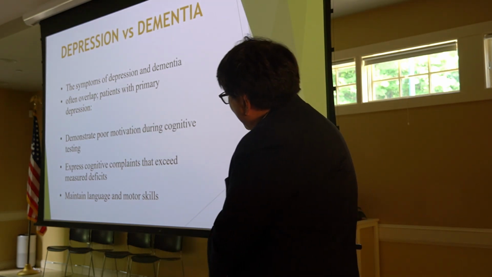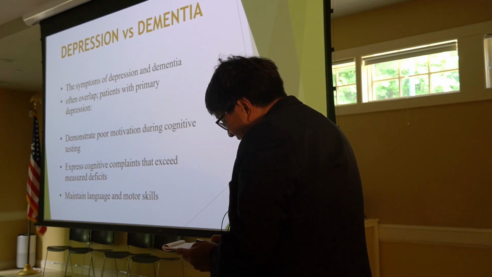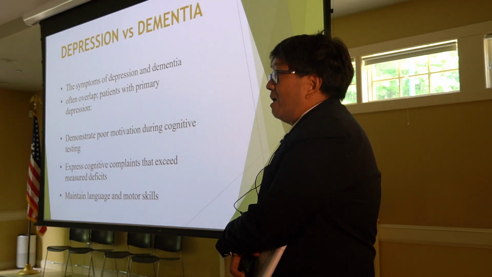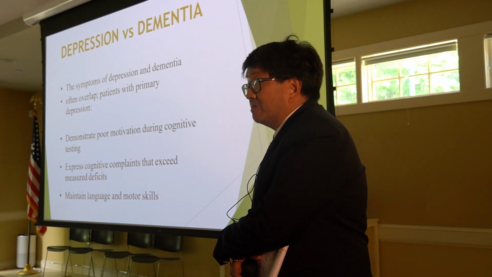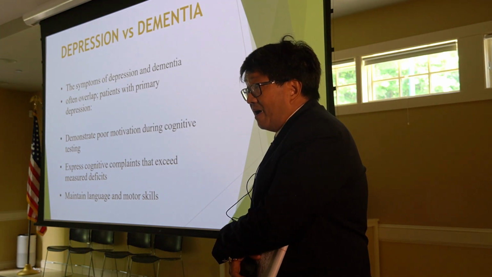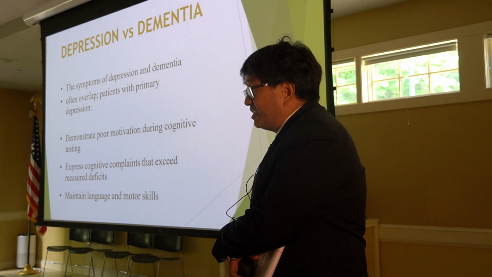One of the tips I find from people with depression is that a depressed person is more likely to seek me out than somebody with true dementia. They're worried about their memory, and they actively seek you out.